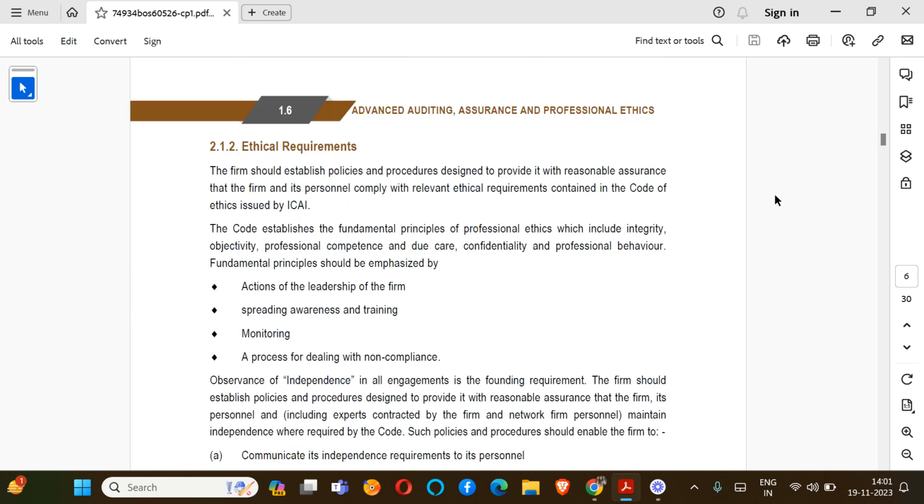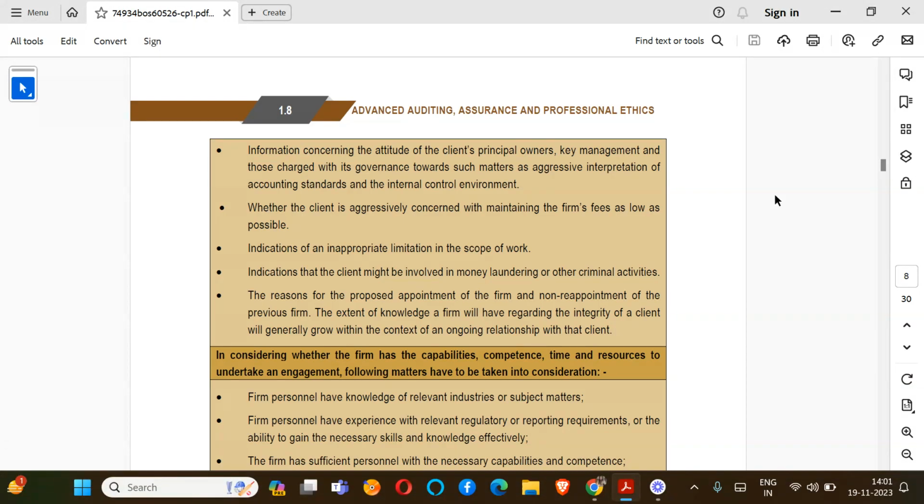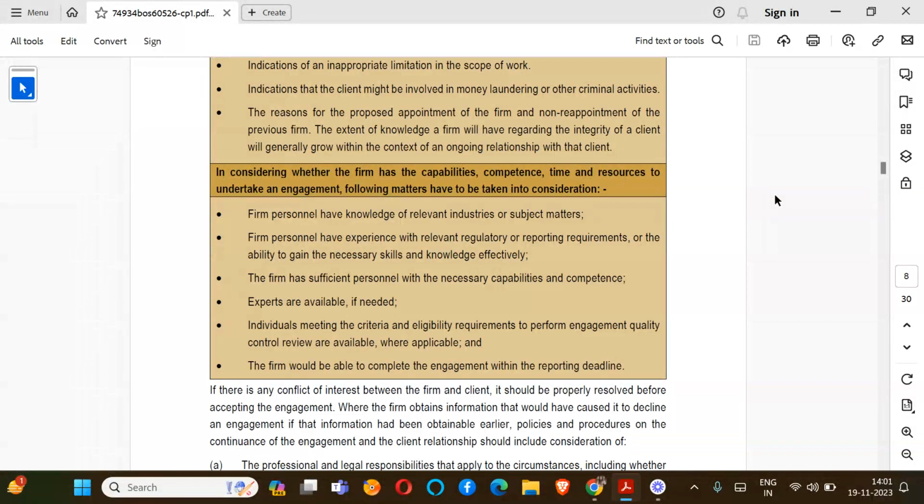After we are done studying that, let us understand that once you are aware of the client, you also need to be aware of yourself. So what do you need to understand while accepting or continuing any engagement? That is important.